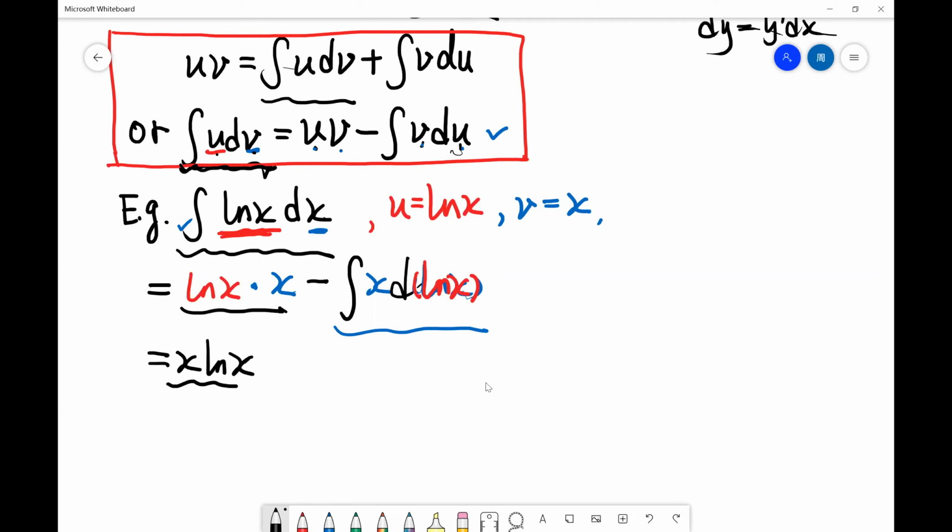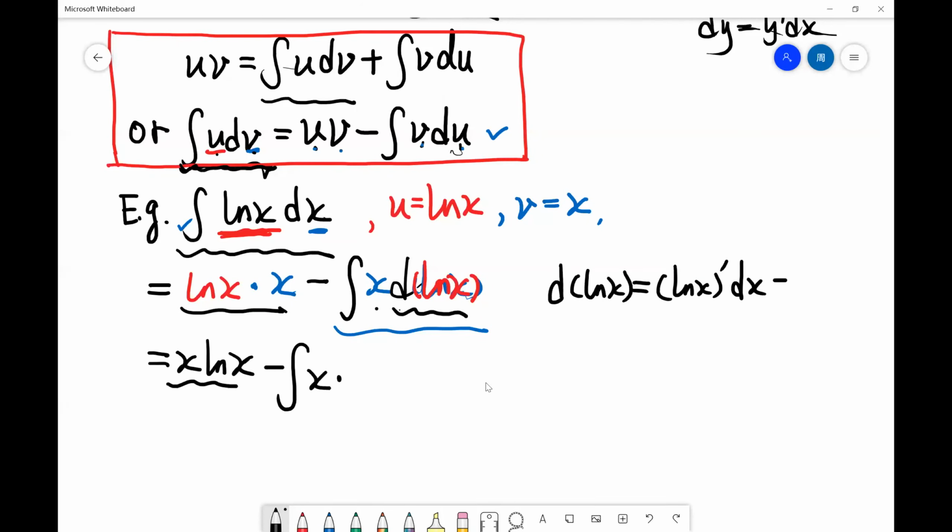So that is the first part. We don't have to calculate again. That is x times ln x. Then minus here, first that is x, and then times d ln x. d ln x, we should know that equals ln x prime dx, right? And ln x prime equals 1 by x dx.